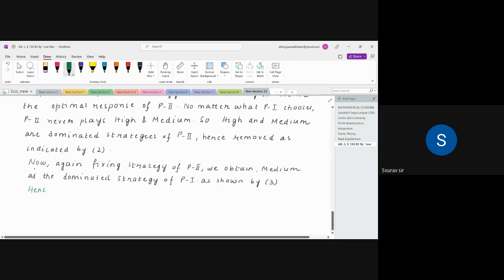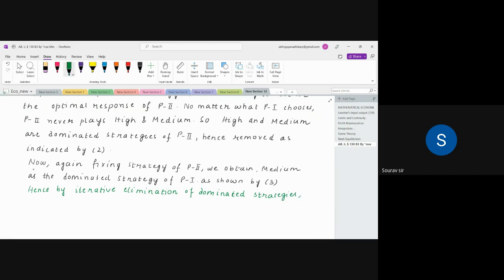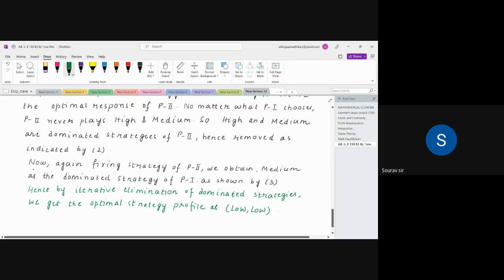Hence, by iterative elimination of dominated strategies, we get the optimal strategy profile as low, low.